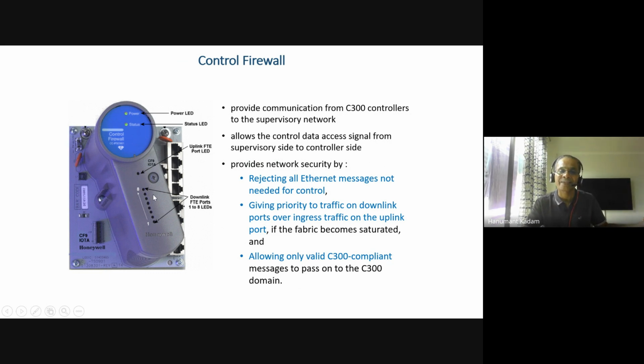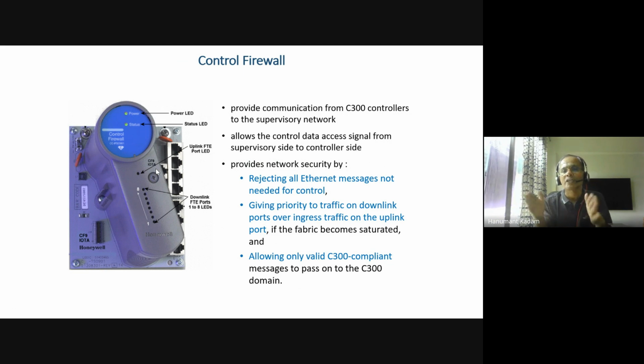These are indicated here as ports 1 to 8. It provides communications from the C300 controller to the supervisory network, meaning the workstations and servers. This device is protecting.